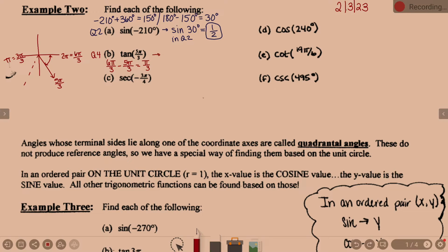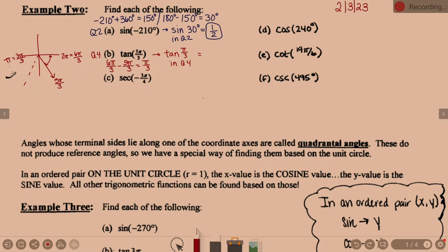So to do this problem, what does our brain need to think? Our brain needs to say, okay, what is the tangent of pi over 3, or 60, in quadrant 4? Well, what do we know? It's the square root of 3, but it's negative because all students take calculus.